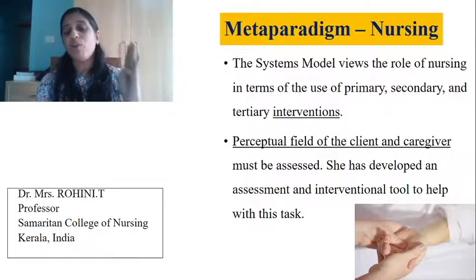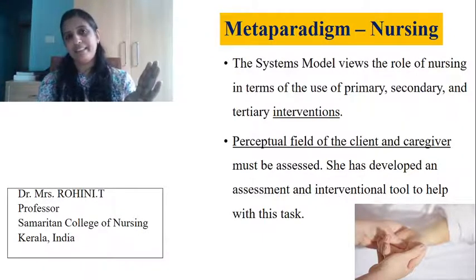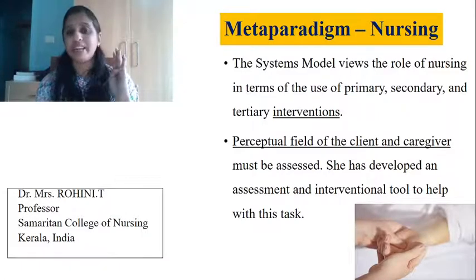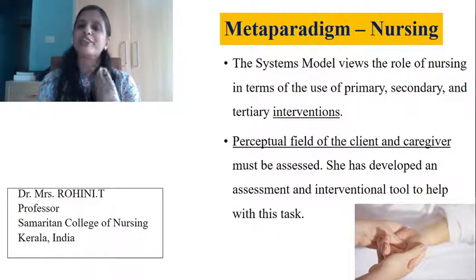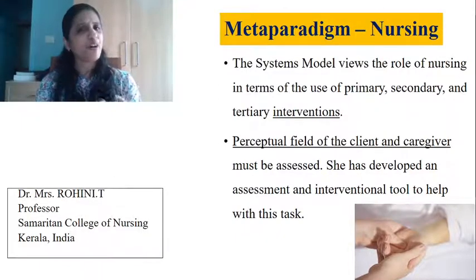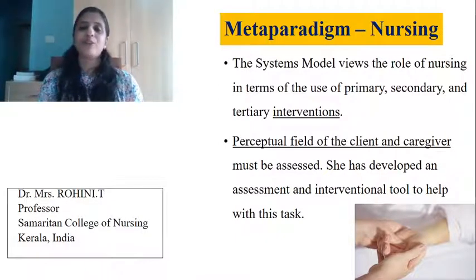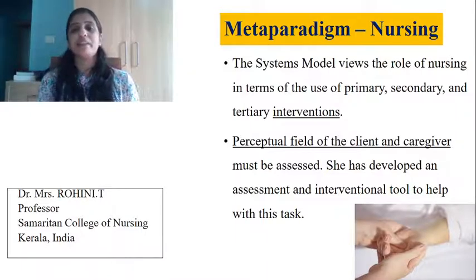Health promotion, stability. How do we do that? We will assess the 5 variables, and based on the reaction to the stressor, we will give the intervention. If you are really following Betty Neuman's theory, I will also assess the perception of the patient and the perception of the caregiver based on the standard format developed by Betty Neuman. I hope it is clear.